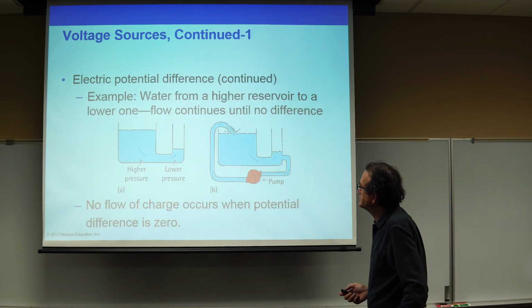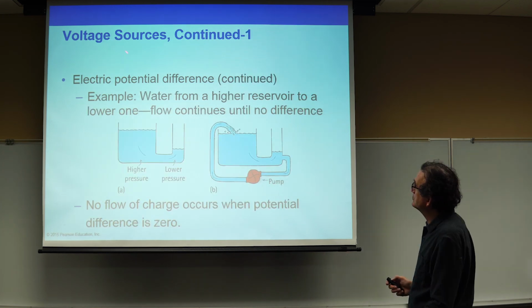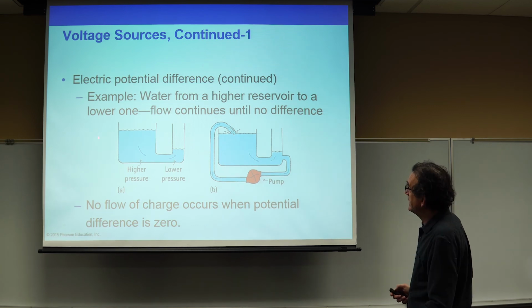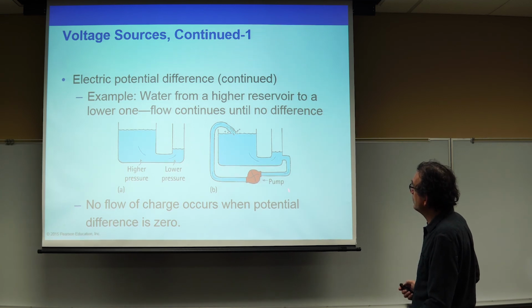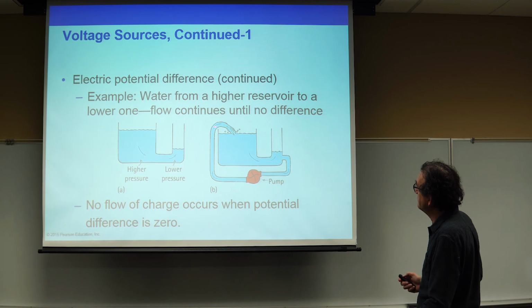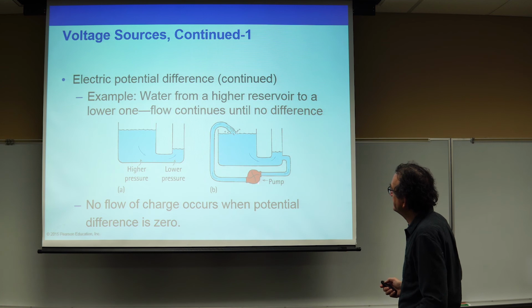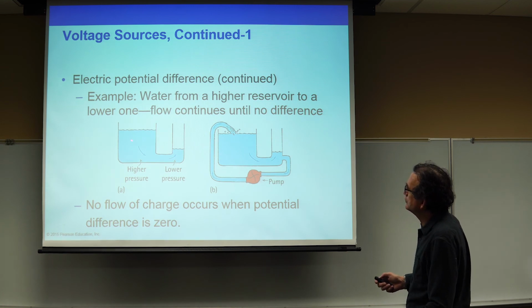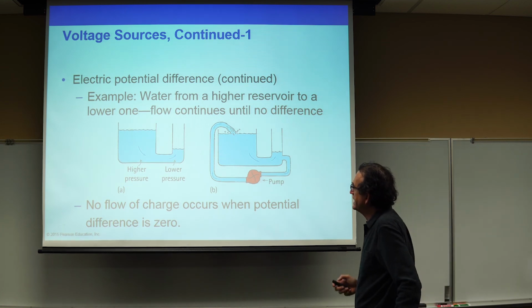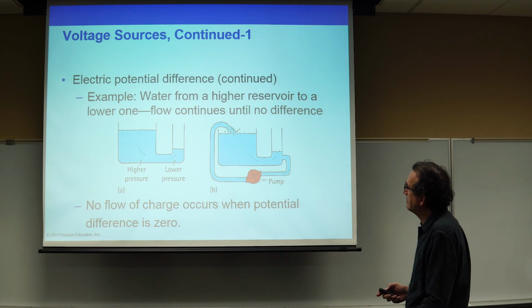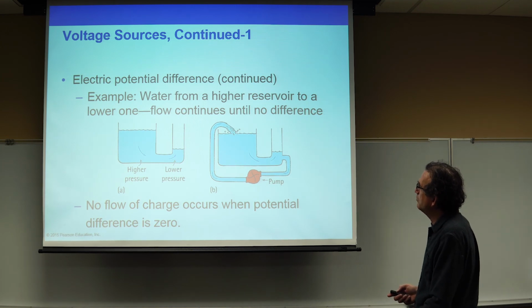Again, looking at our simple example, a voltage source, or what we call electric potential difference. We had the discussion earlier about the water flowing through, and in order to maintain a current of water, we have to have the pump in place. Otherwise, the two sides of the tank will just equalize in their level, and there will be no more water flow once that happens.